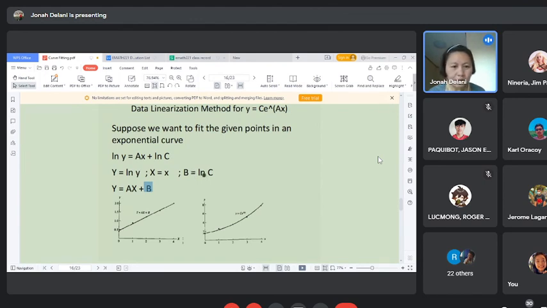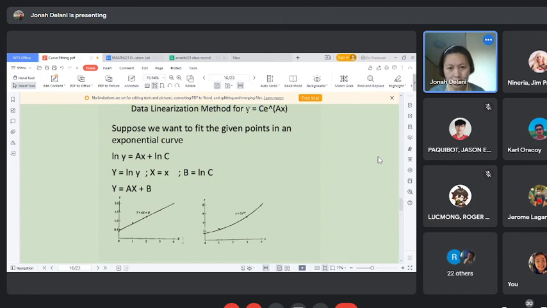So how do we solve for c, given b? c is equal to e to the b. That is how we can solve for c here.